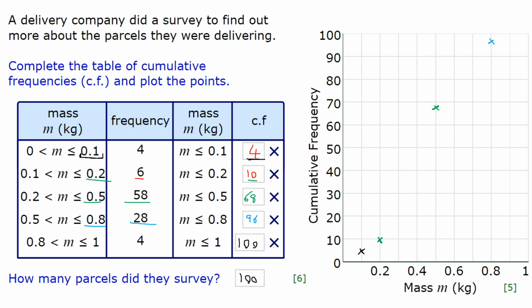And then finally at 100, it's going to be there. Now we're going to draw them out as best as we can. I am using a mouse and keyboard. You will be using a pencil. And it should be this S shape here. And that is how we plot a cumulative frequency graph.